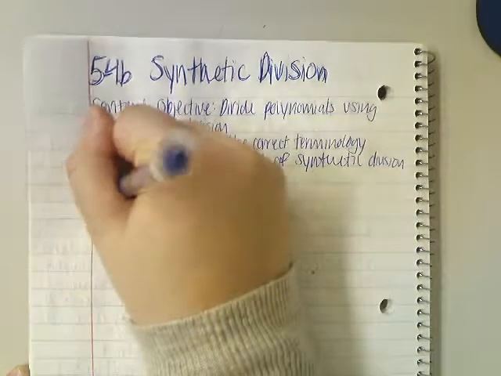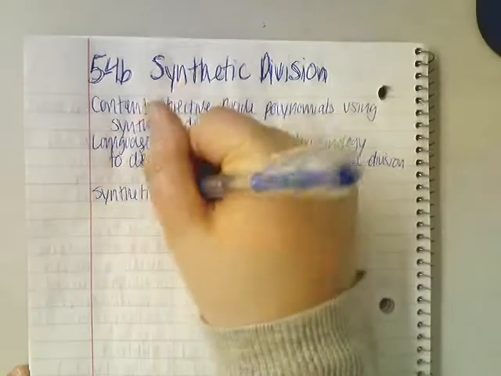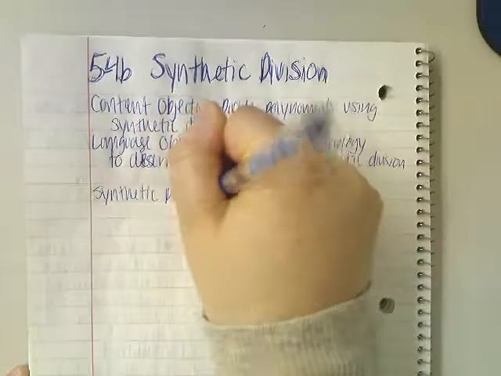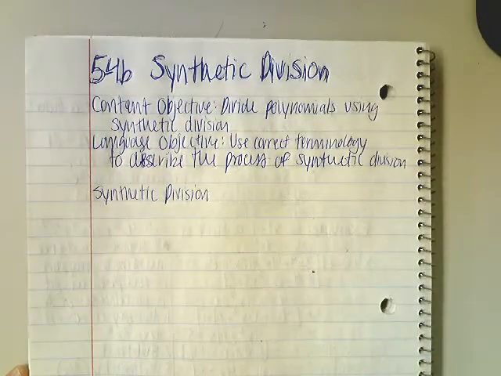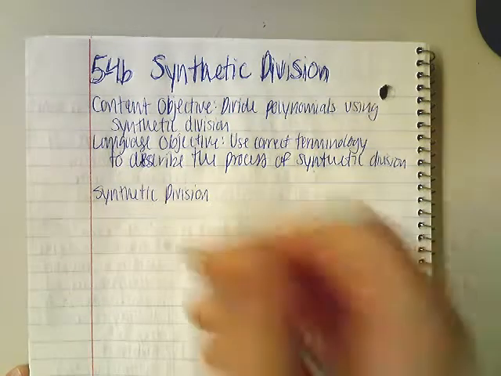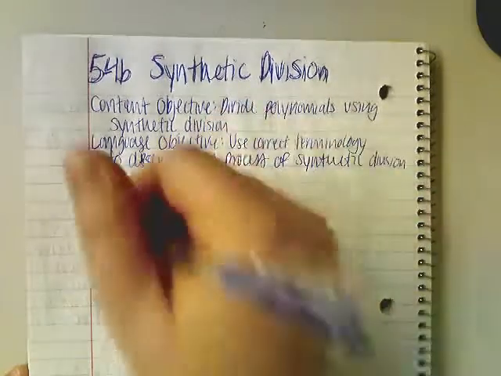So I'm going to jump right in by talking about why we're learning two methods for dividing polynomials, both polynomial long division and synthetic division. Why are we learning both?